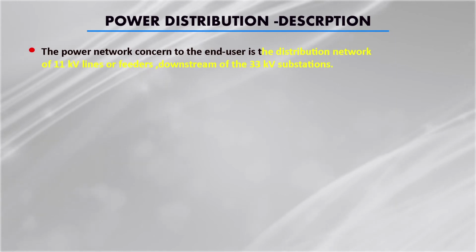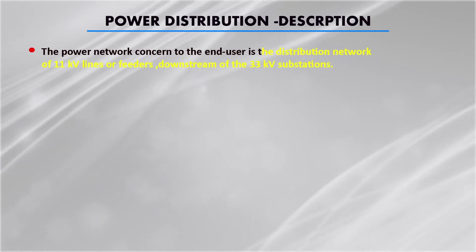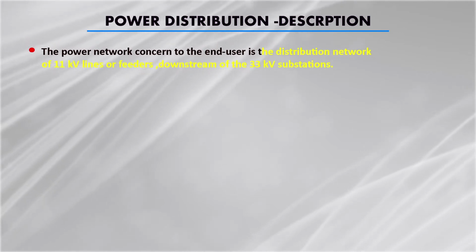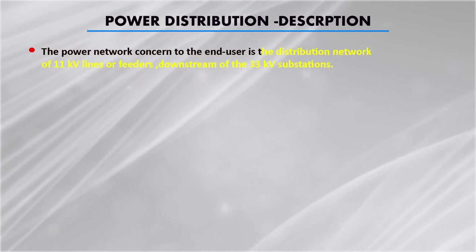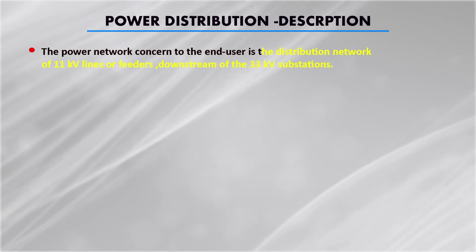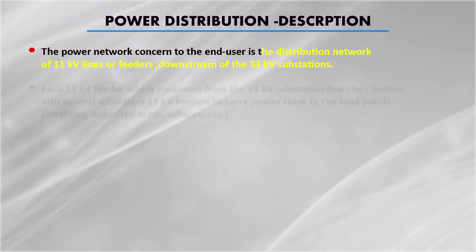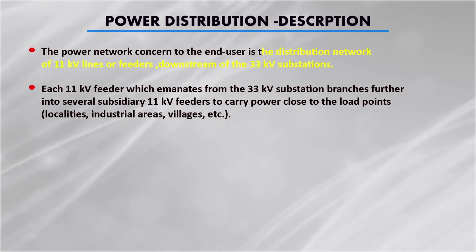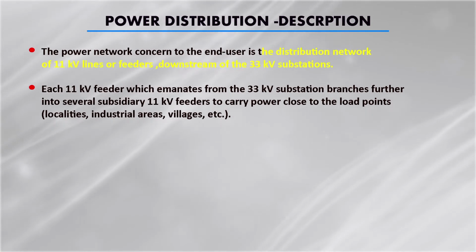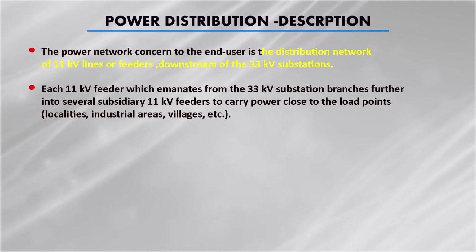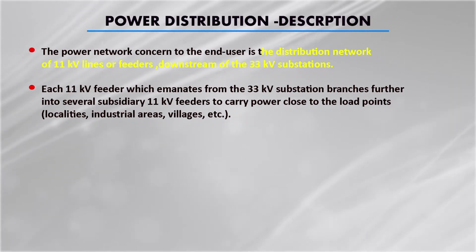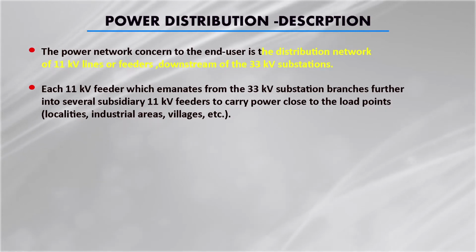The power network concerned with the end user is the distribution network of 11 kilovolt lines or feeders downstream of 33 kV substations. Each 11 kV feeder which emanates from the 33 kV substation branches further into several subsidiary 11 kV feeders to carry the power close to the load points.